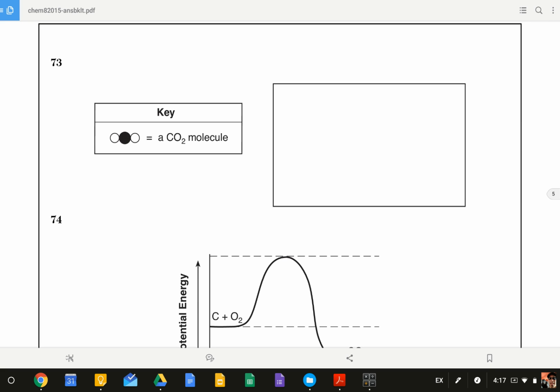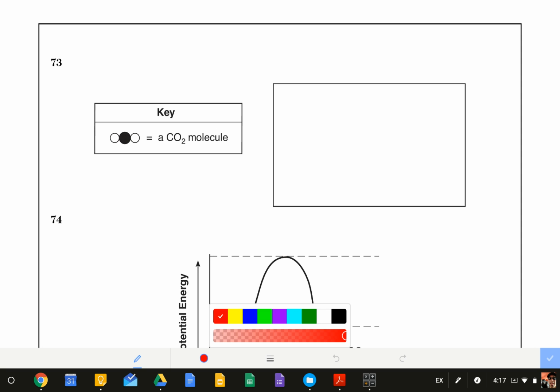And they want us to draw that carbon dioxide molecule. Okay. And they said draw at least 5. All right, well, sure. Here you go. We're going to draw 5 carbon dioxide molecules to represent the phase of a gas.